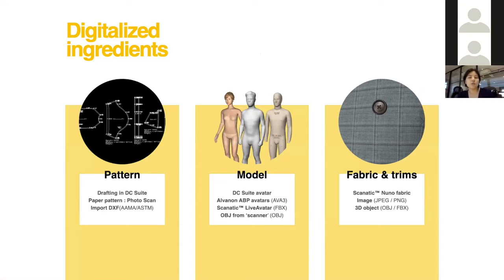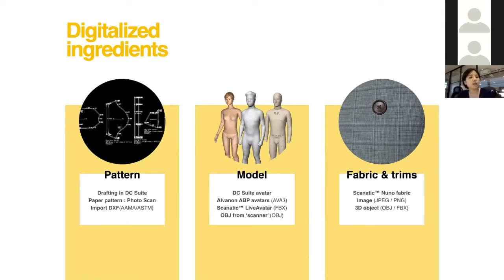The first will be the pattern, and the second will be the model for fitting your garment, and also the fabric to use, and your trims, like buttons, what kind of stitch, what color, or zippers. This kind of accessory also plays an important role in your design.